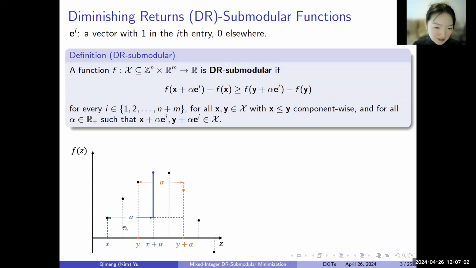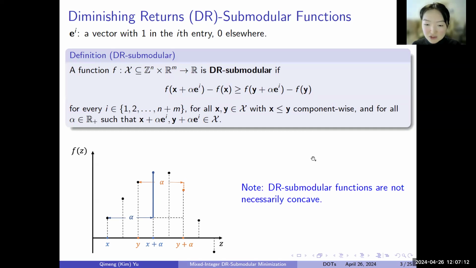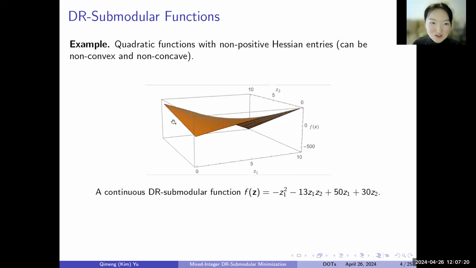Now, if you look at this picture, you may be wondering, does it mean that DR-submodularity is just some discrete analog of concavity? What I should highlight is that DR-submodular functions are a lot more wild than that. They're not necessarily concave. For example, quadratic functions with non-positive Hessian entries are DR-submodular.